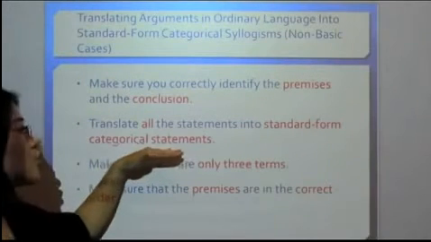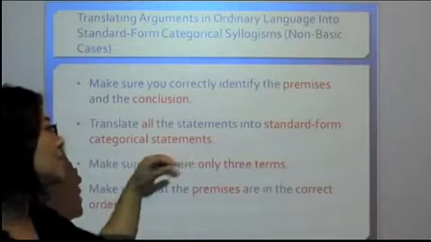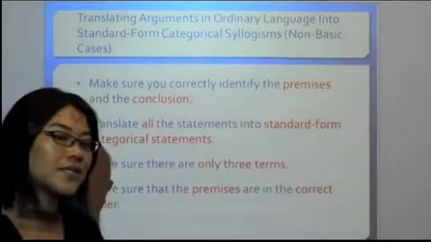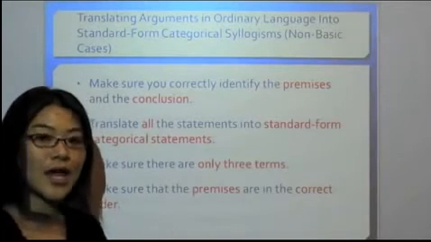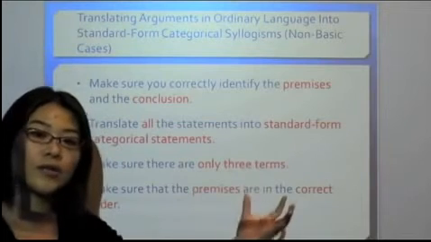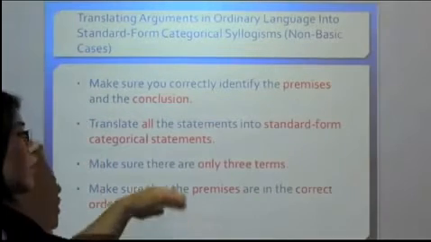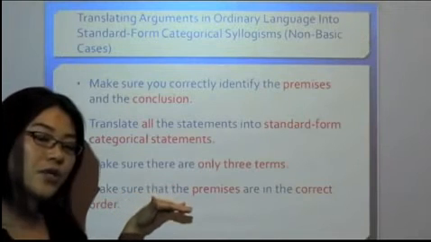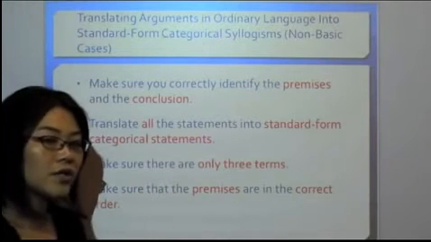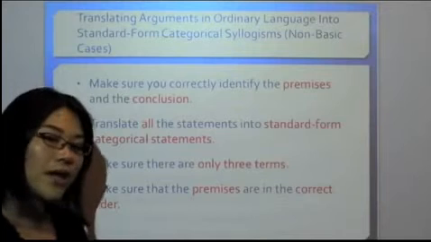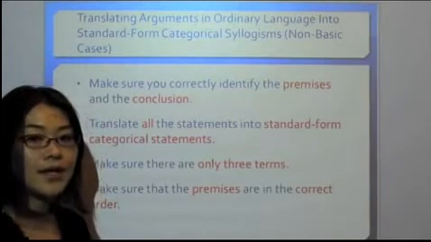Then you make sure that you translate all the statements into standard form categorical statements. We've discussed in past lectures how you would do this, how you go from ordinary language to standard form categorical statements. Then you want to make sure that you only have 3 terms: a minor term, a major term, and a middle term.